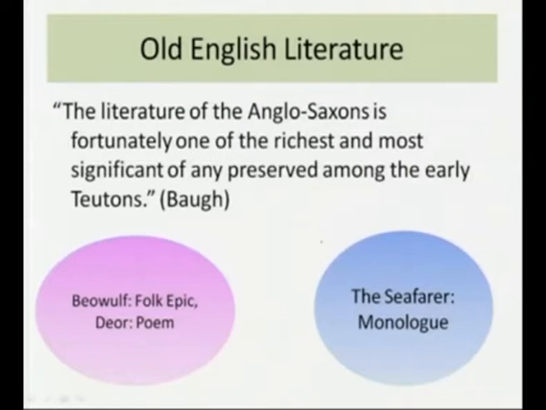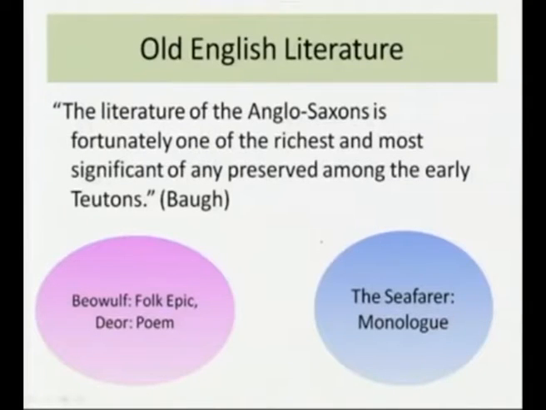Now, coming to Old English literature, the literature of the Anglo-Saxon period in England is considered to be a very rich literature. As Baugh mentions, the literature of the Anglo-Saxons is fortunately one of the richest and most significant of any preserved among the early Teutons.